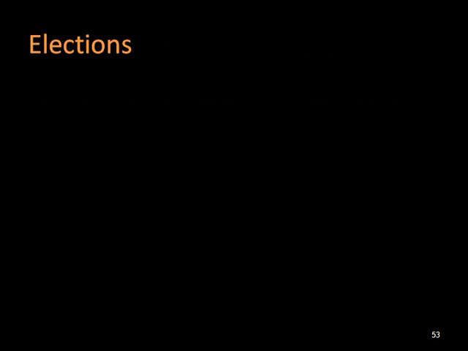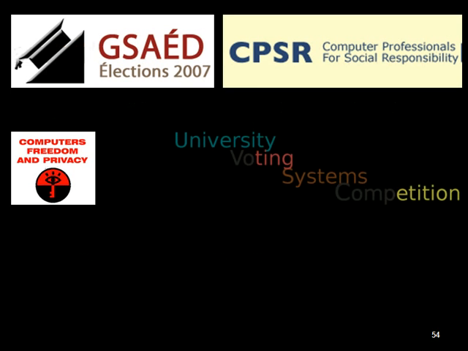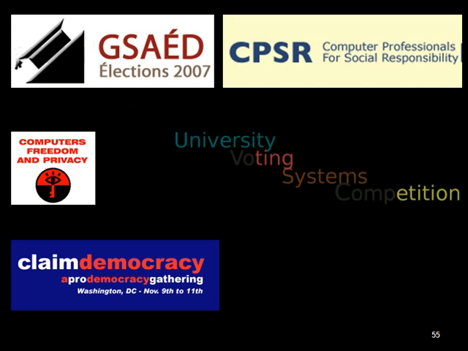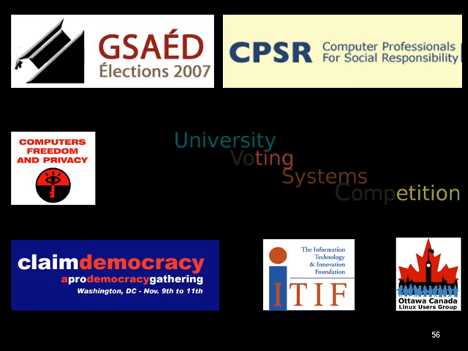To highlight the success and evolution of this project, we point your attention to several elections that we've run, beginning with PunchScan, then Scantegrity I, and now Scantegrity II. Some of these elections were binding, with sizes ranging up to the hundreds of voters.